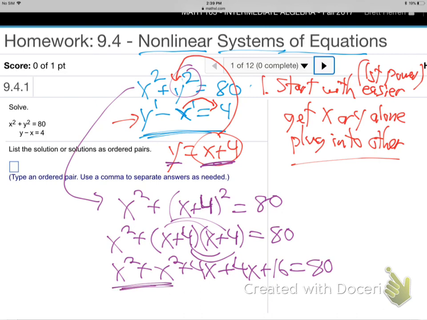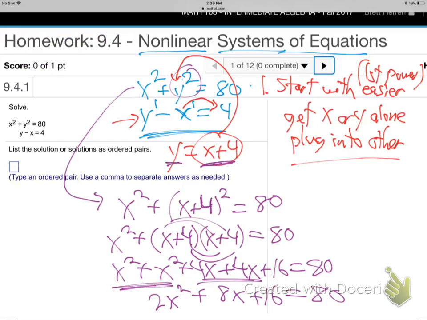X squared and x squared is 2x squared. 4x and 4x is 8x. These are going to be kind of long, so I'm going to take it to a new screen. I'll go back if you missed that. So was it 2x squared plus 8x plus 16?